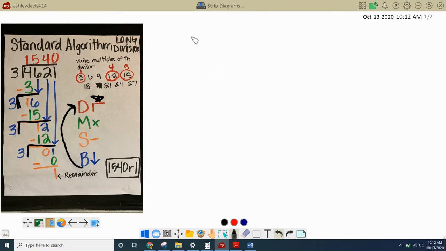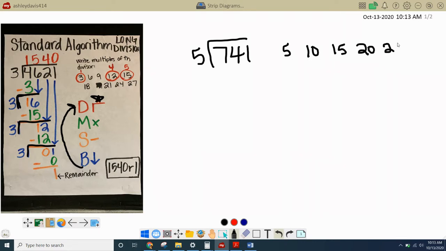All right, so let's do 741 divided by 5. First I'm going to write my multiples of 5 over to the side. 5, 10, 15, 20, 25, 30, 35, 40, and 45.